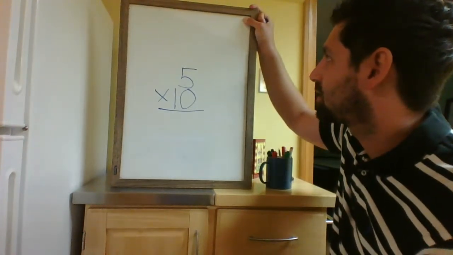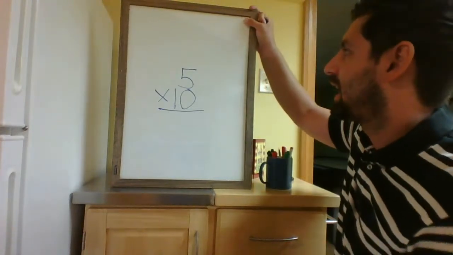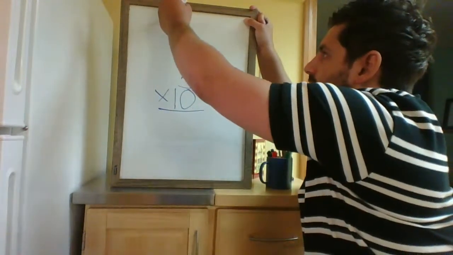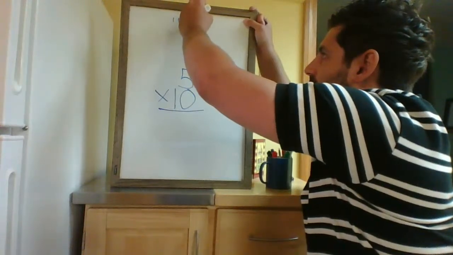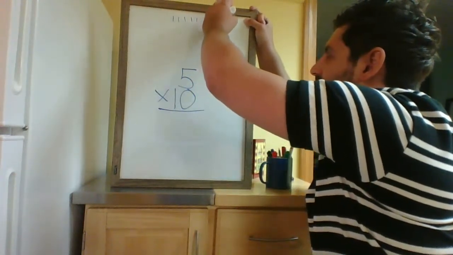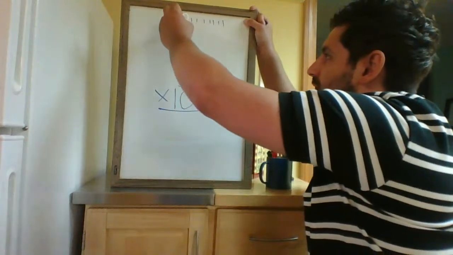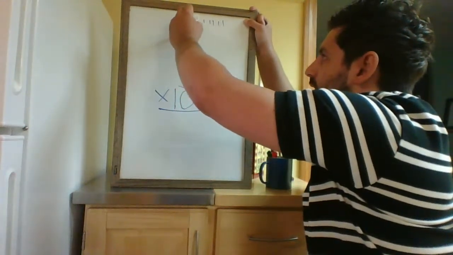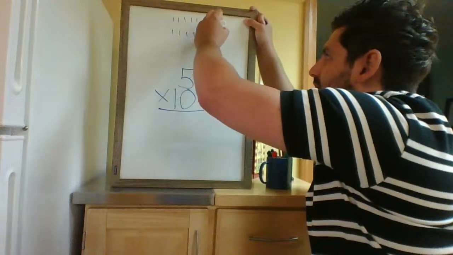I can use an array, so I can do 5 rows of 10. So here, 1, 2, 3, 4, 5, 6, 7, 8, 9, 10. That's 1 row of 10. 11, 12, 13, 14, 15, 16, 17, 18, 19, 20.